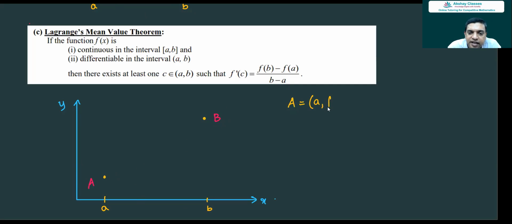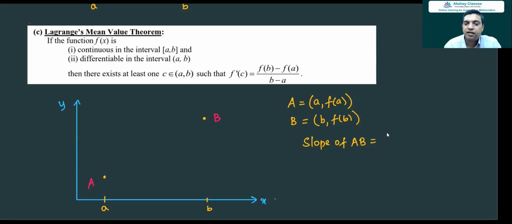A is (A, f of A). What are the coordinates of the second point B? (B, f of B). What is the slope of AB? f of B minus f of A by B minus A.